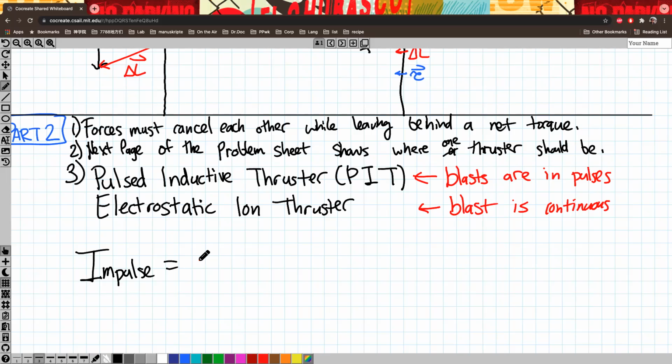Oh wait, sorry, that's moment of inertia. Impulse. It's momentum. Oh wait, no. I've learned impulse, but we almost never talk about it. But it was used in one of the long answer assignments.